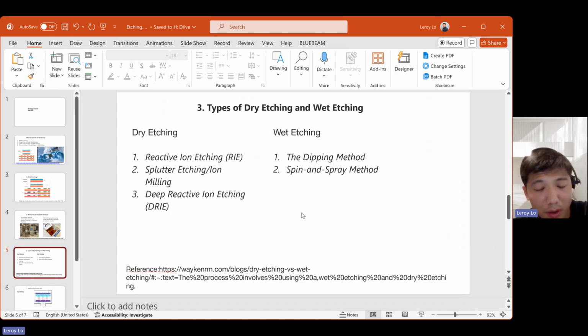For wet etching, there are normally two methods we will talk about: first the dipping method, and second spin and spread.